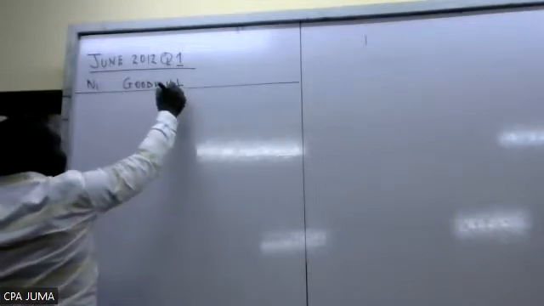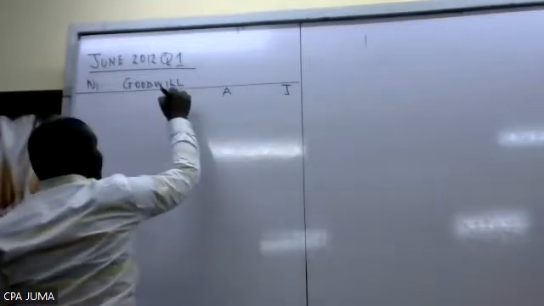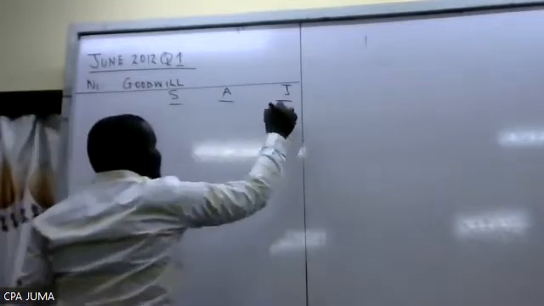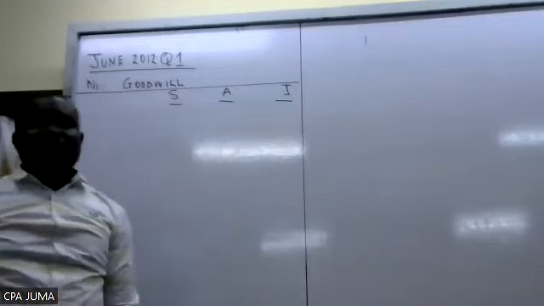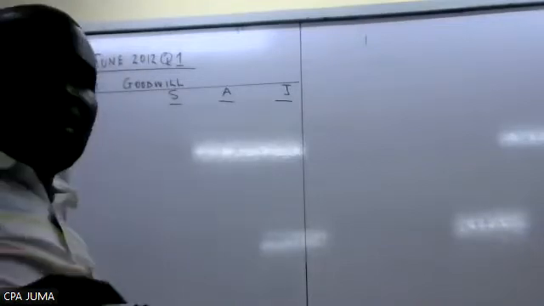We have S, A, J. I want us to calculate goodwill there very fast.